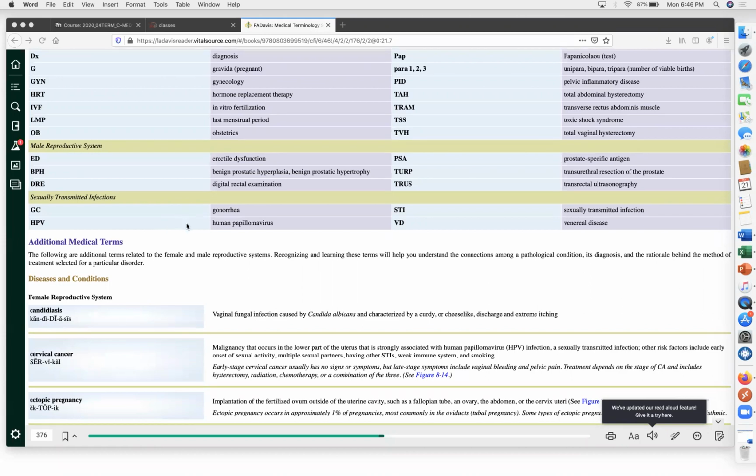HPV, human papillomavirus, most common cause for cervical cancer. So during pap smears, we do an assay or a test for this as well. STI or STD, sexually transmitted disease, sexually transmitted infection. VD or venereal disease, this all means the same thing.